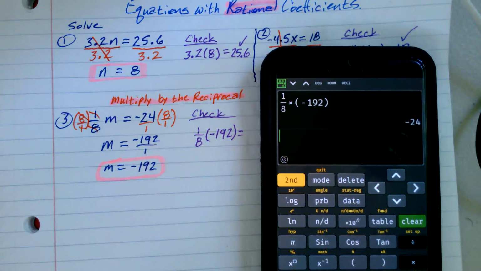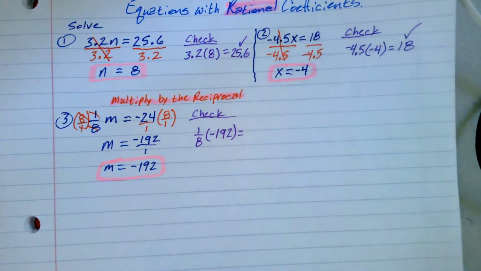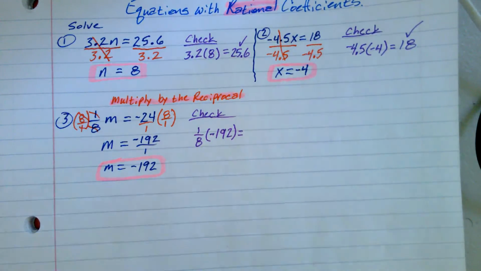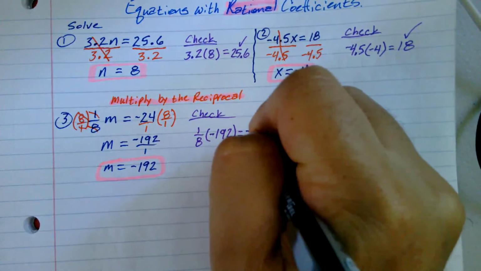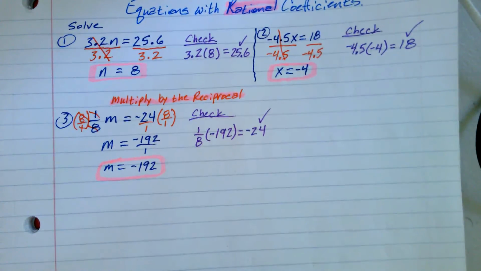My other calculator that I've used, if you do 1 divide 8, it automatically makes it a fraction. Okay? If you do this on Google and you type in 1/8, parentheses, negative 192, you would get the correct answer. And it's negative 24, which is what I wanted, right? I want negative 24 as my answer. Checks out. Okay? Any questions?